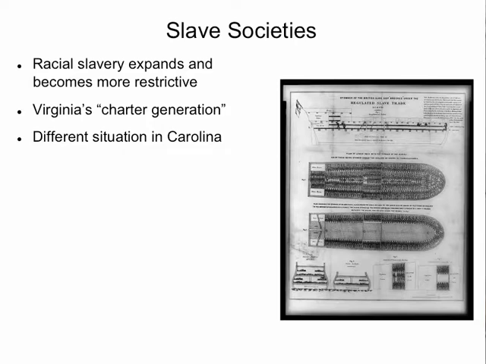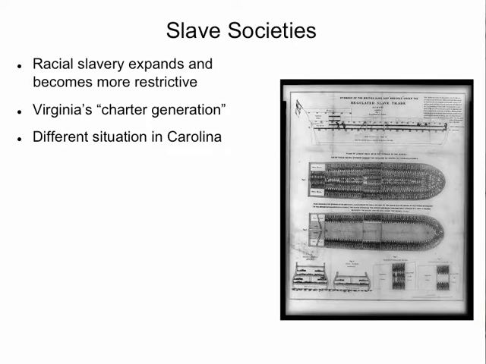As we've seen, the Carolina settlers wanted to create a slave system from the get-go, started importing large numbers of slaves all at once. There was no charter generation. And so the Carolina slaves really did not assimilate rapidly to English culture.